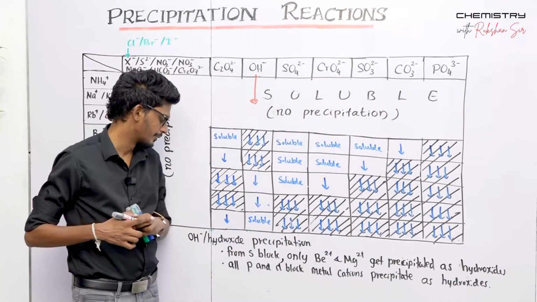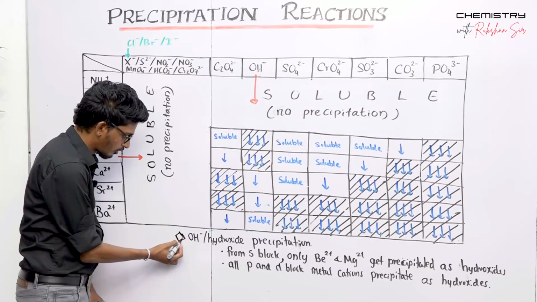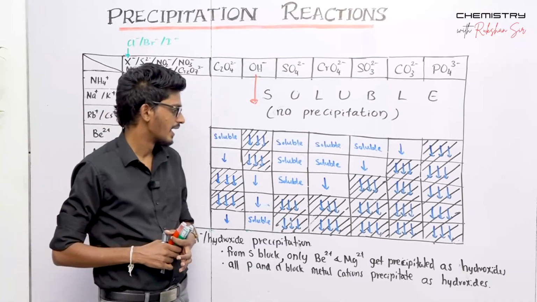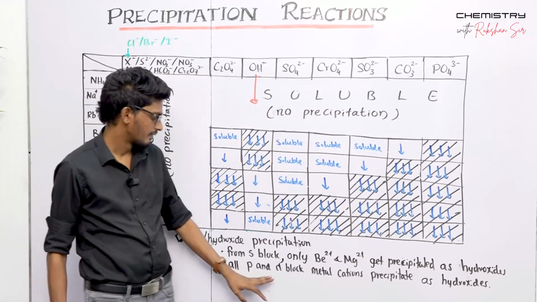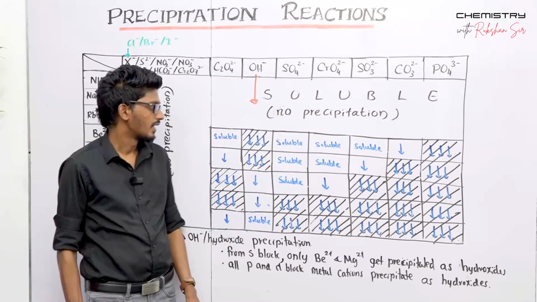That is the hydroxide precipitating trend. So from the S block, only the beryllium and magnesium will get precipitated as hydroxides, but when it comes to P and D block metal cations, all of them will get precipitated as hydroxides, right?